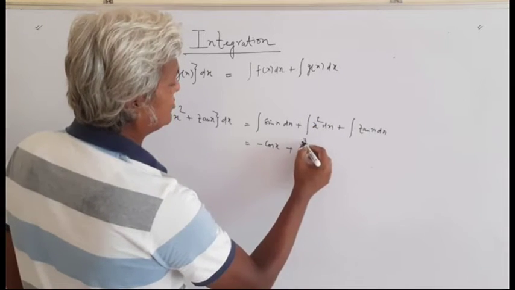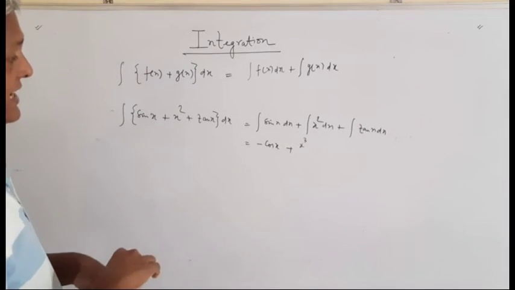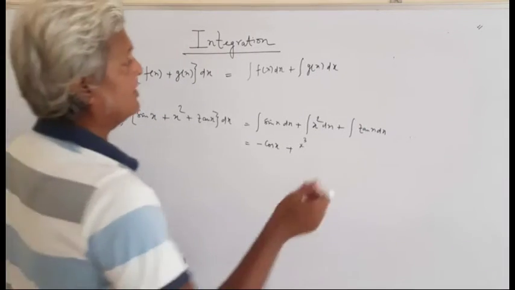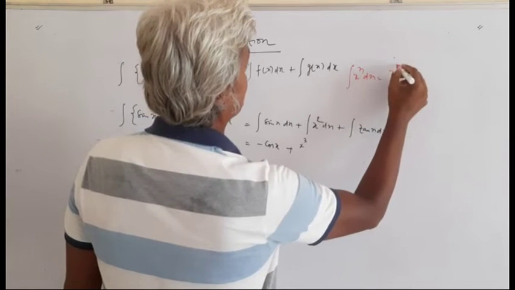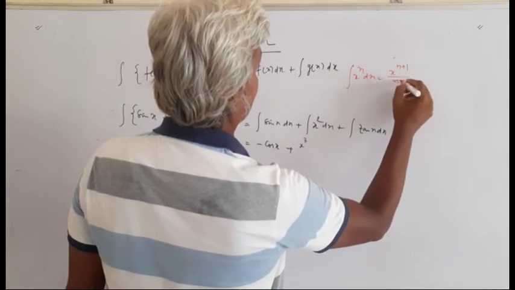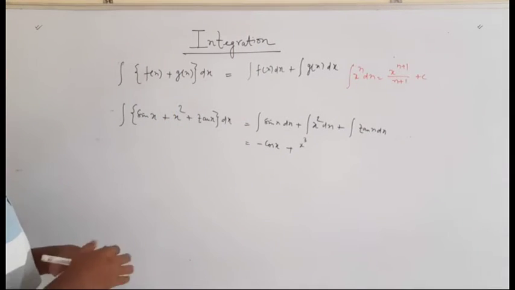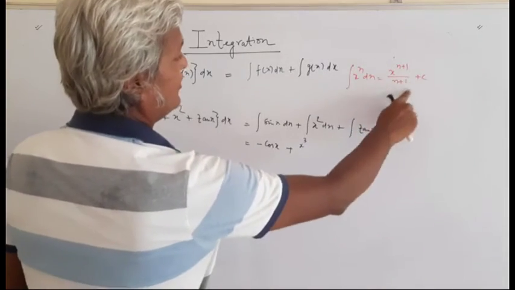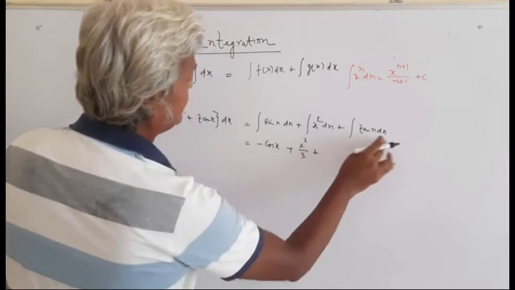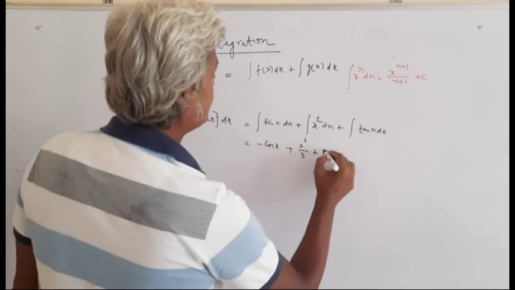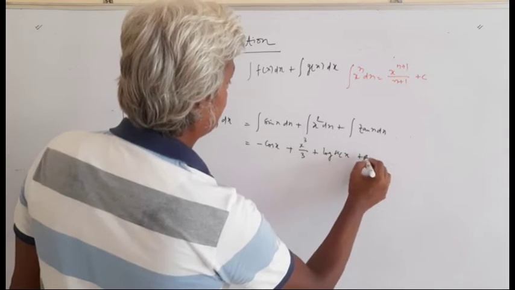Integration of x to the power n dx is x to the power n plus 1 over n plus 1, plus c. So integration of x square dx is x to the power 2 plus 1 over 2 plus 1, which becomes x cube over 3, plus integration of tan x, which is log sec x, plus c.